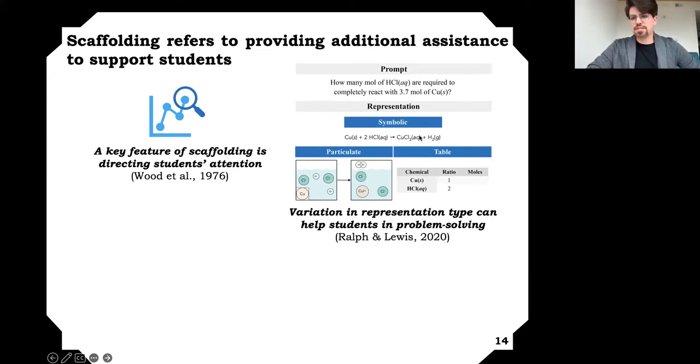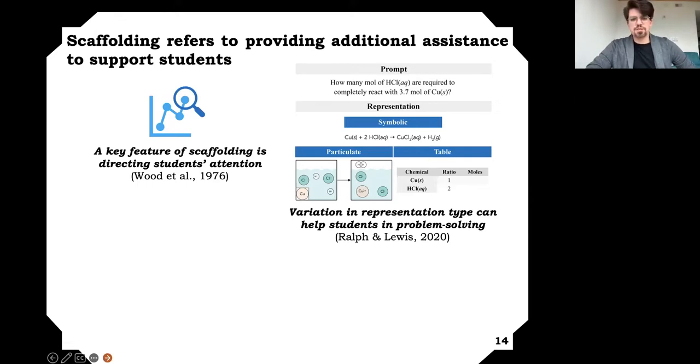So a symbolic representation of the equation, the particulate equation, and some kind of organizing matrix like a table here. And each of these different representations has a way of focusing students' attention to specific relevant features, like the table, emphasizing moles and ratios and those relevant numbers from the prompt.